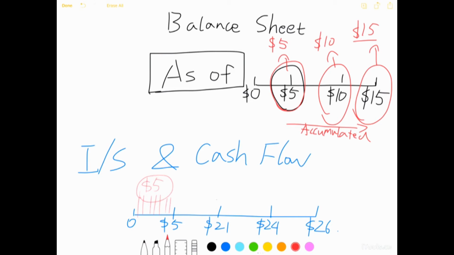We want to know how much profit you make in that period and how much profit you make in this period, which is $21 minus $5. So we don't care about the $21. We don't care about the $5. We only care about what's in between, how much is made, how much is lost in that period. Now you notice that's a lot different from the balance sheet, which is accumulated over time.